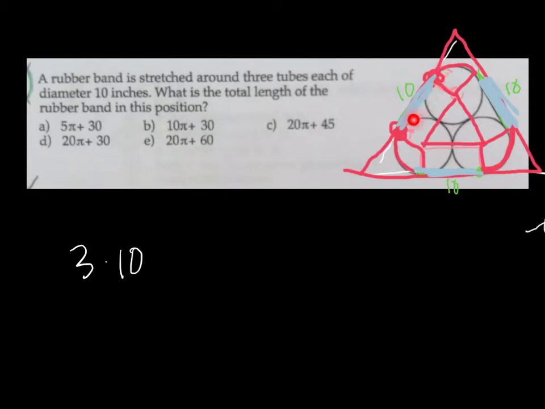That was this, this, and this. And then we have one circle. And what's the diameter? 10, right?